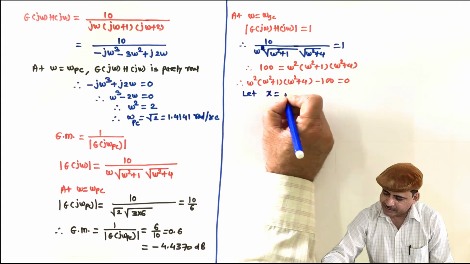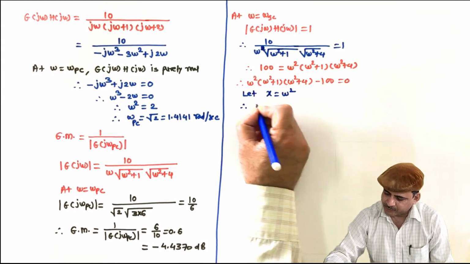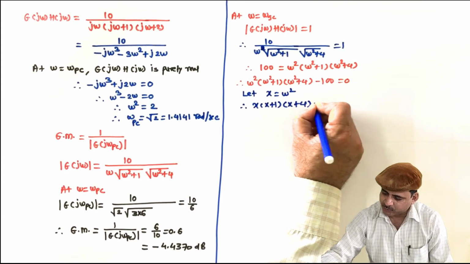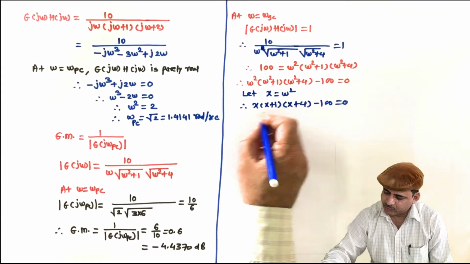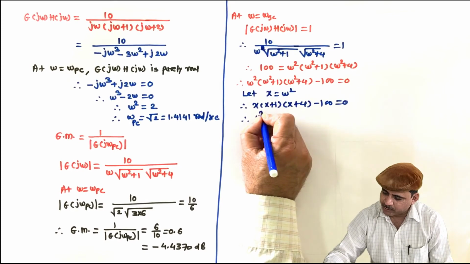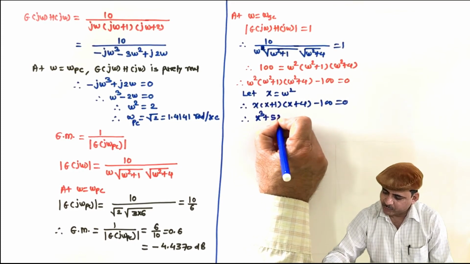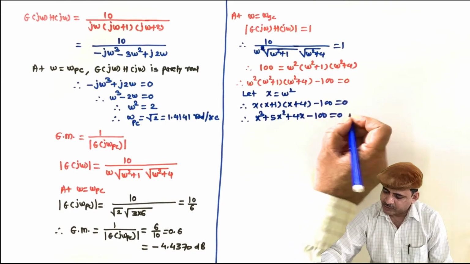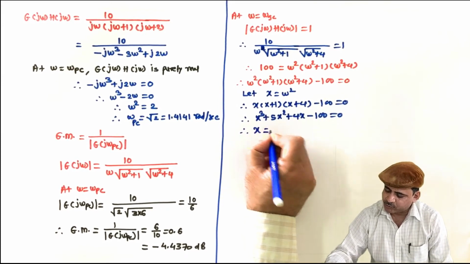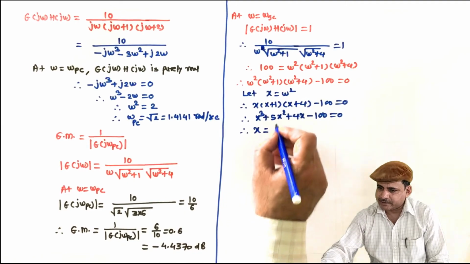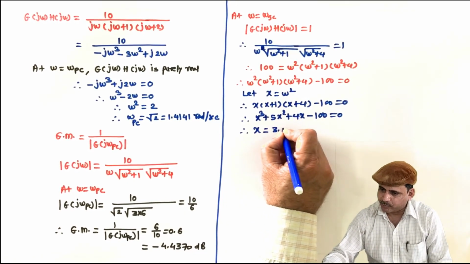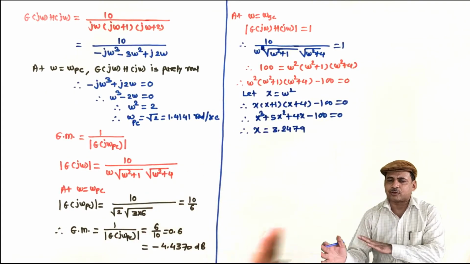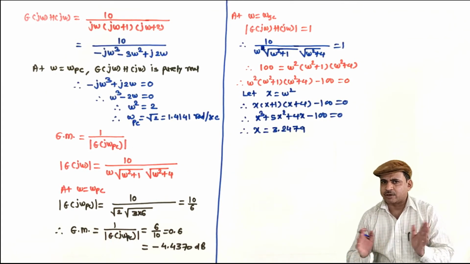So let x is equal to omega square. So x into x plus 1 into x plus 4 minus 100 equal to 0. So x cube plus 5x square plus 4x minus 100 is equal to 0, and finding out its roots we get x equal to 3.2479, and the remaining two roots are complex conjugates of each other, so they are not useful.